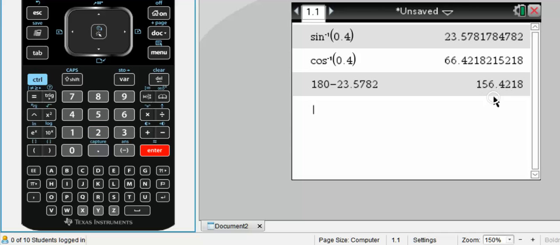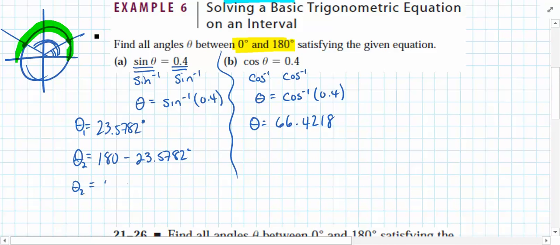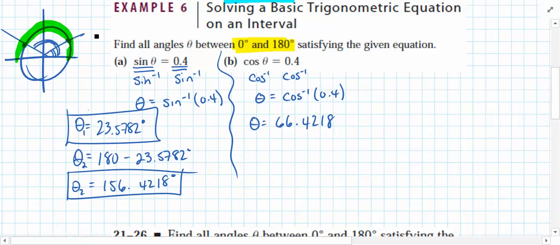So that comes out to 156.4218 degrees. Those are the two solutions that have a sine value of 0.4 between 0 degrees and 180 degrees.